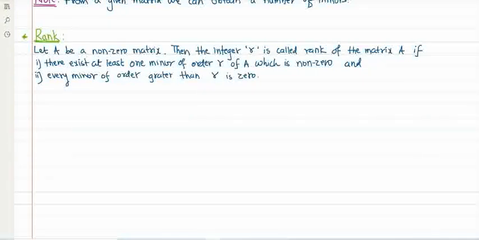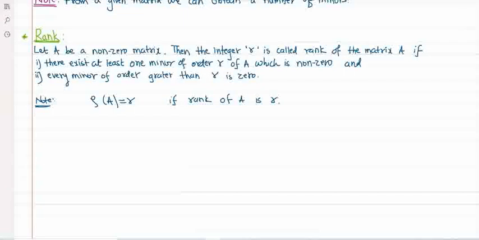So I request everyone once again, please go through the statement and note that rank of A is denoted as rho of A. Rho of A is equal to r if rank of A is r. This is the notation to denote the rank.